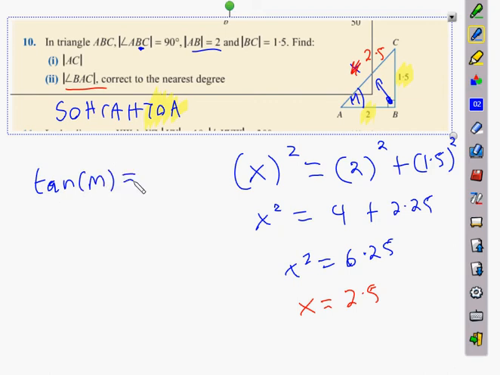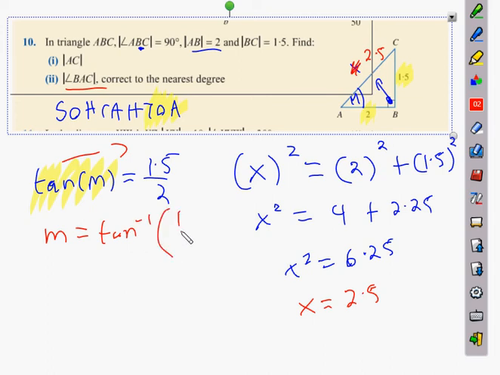Tan M equals opposite over adjacent, 1.5 over 2. How do you separate tan and M from each other? You put the tan in the first. And what does it change into? It's a button on your calculator. Tan inverse is what it's called, okay?